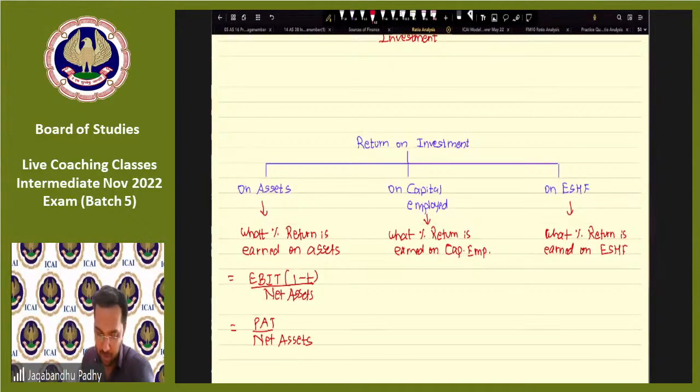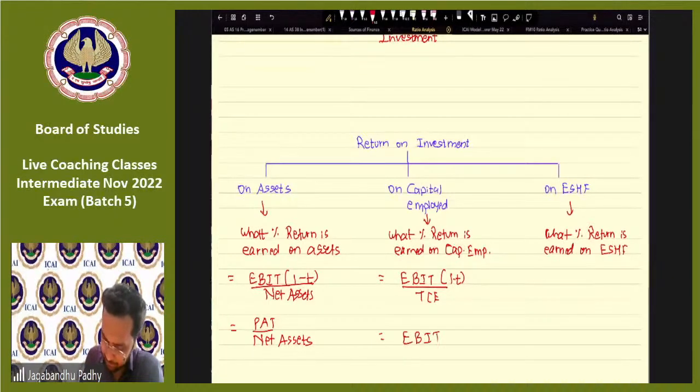Percentage return on capital employed, we say before tax, it is EBIT upon total capital employed, and if it is after tax, we say it is EBIT into (1 minus T) upon total capital employed.